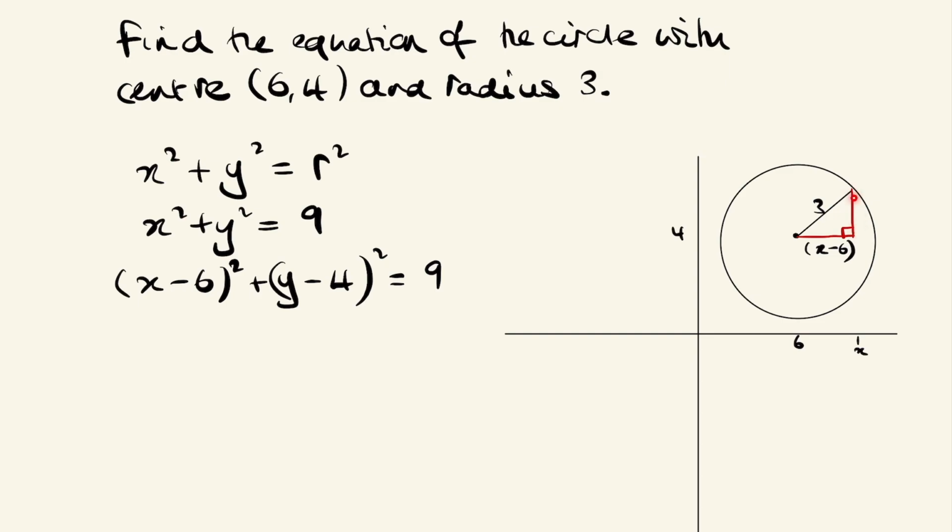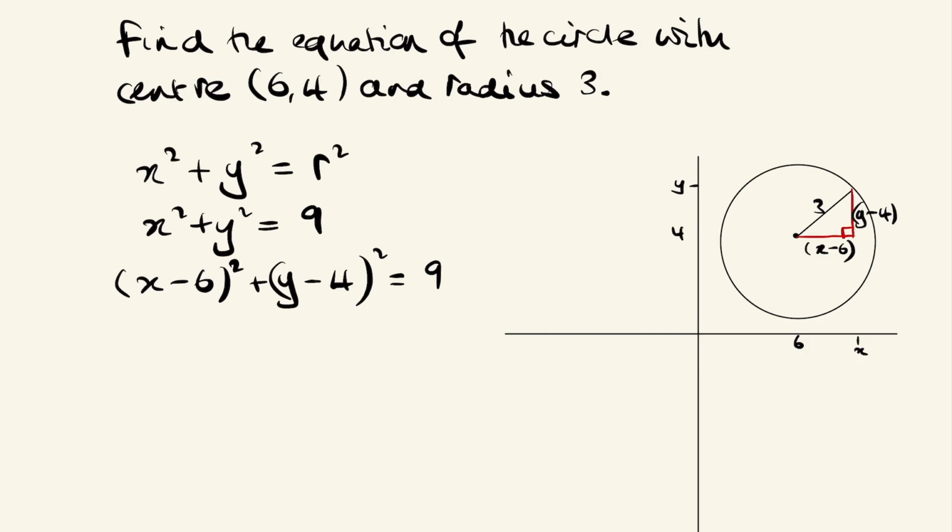And if we look here, well, we know that this is at 4. And here we've got something that we could call y. So the distance y is all the way up. If we take away the 4, then we have the distance here. So that's y minus 4. Now, in order to get the length of the hypotenuse, we would do Pythagoras.